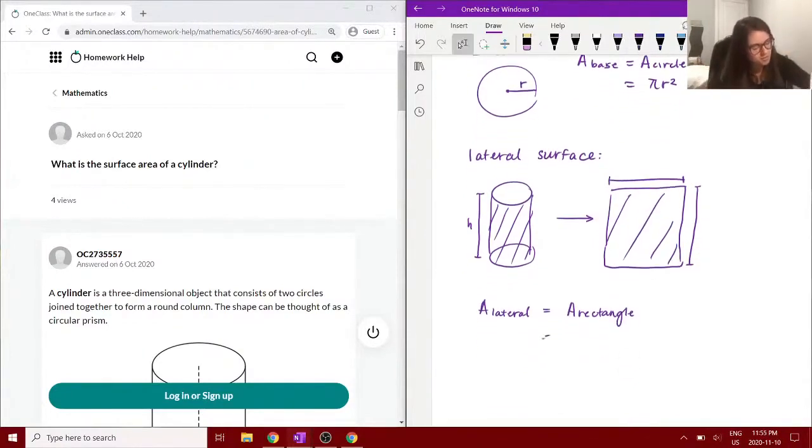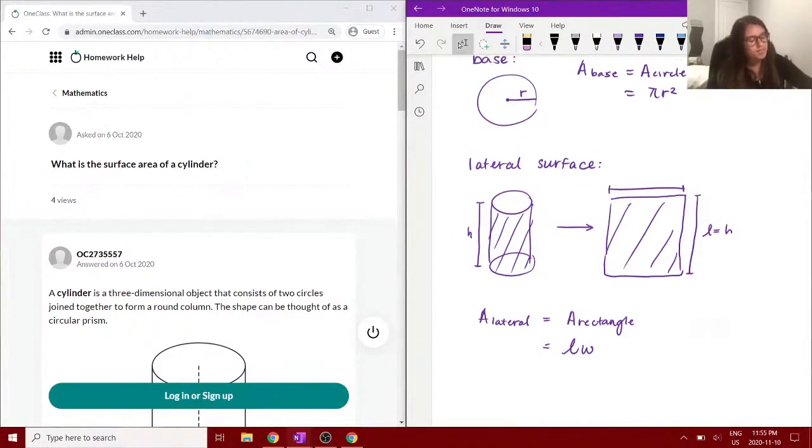When we find the area of a rectangle, we usually do length times width. The length is the height, since we saw previously that the height of the cylinder is h, and the width of this rectangle is the same thing as the circumference, just unrolled.